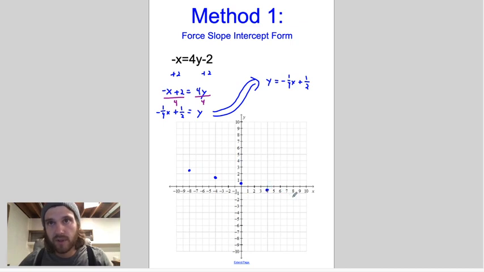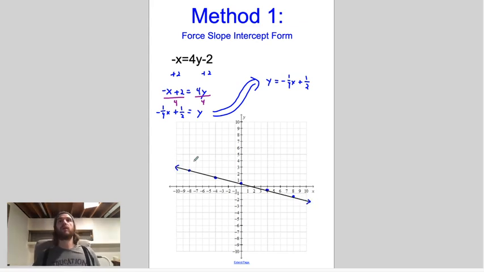Now, none of these points are falling directly on the intersections of my grid lines, but that is just fine. I'm going to run through there, and there's our line in all its glory. Now, you couldn't really see that from this equation, so we forced slope-intercept form.